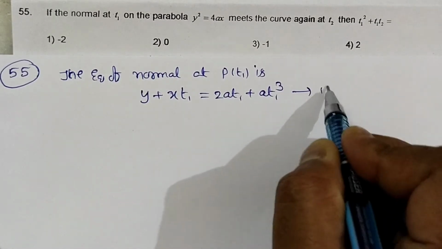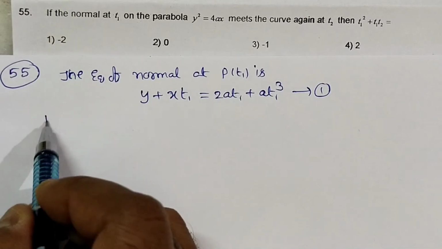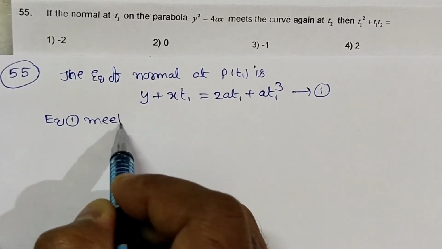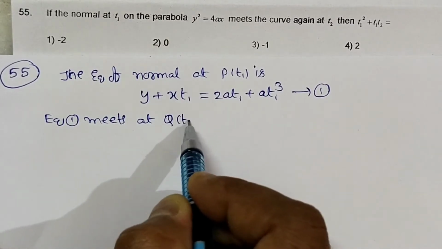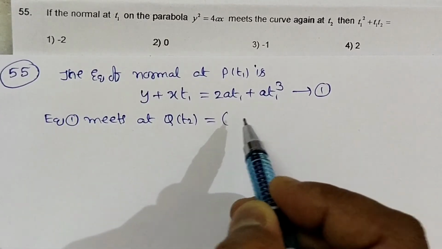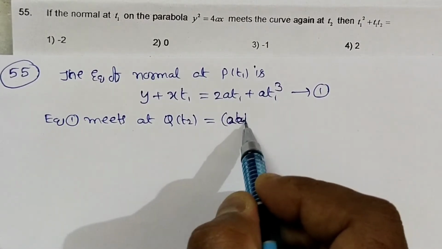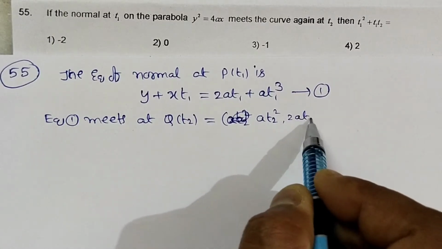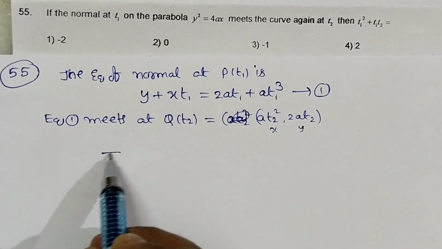This is the normal equation at P of t1, equation 1. This equation meets the parabola again at Q of t2, that means (a t2 square, 2a t2). In the above equation, wherever x, y is there, you have to replace with this.